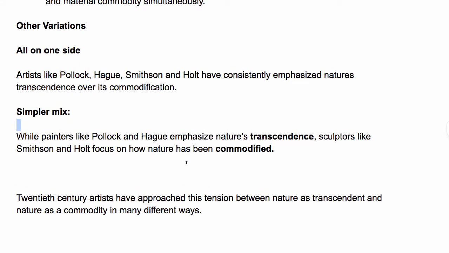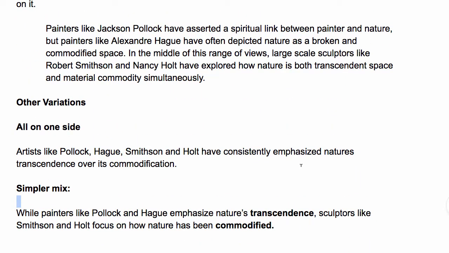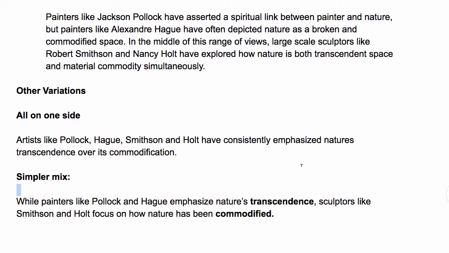So let's say Pollock and Haig were on the transcendent side and Smithson and Holt were on the commodified side. You could then have like a while sentence. While these folks are over here, these folks are over here. Or you could say these folks are over here, but these folks are over here. But either way, you end up with a simpler sentence, and it's 1 sentence.